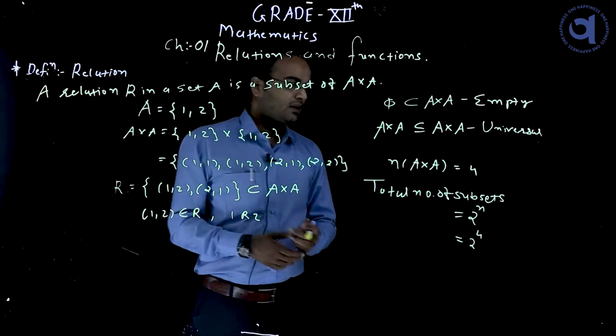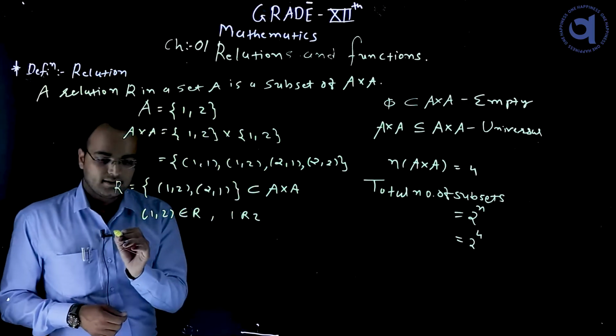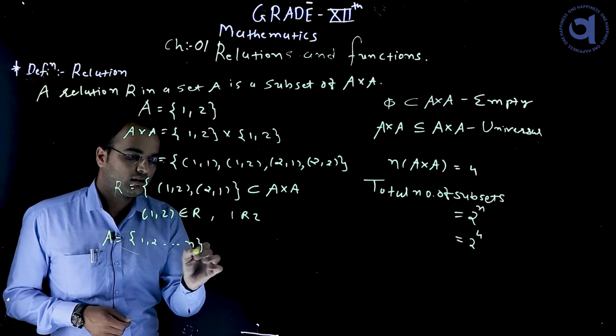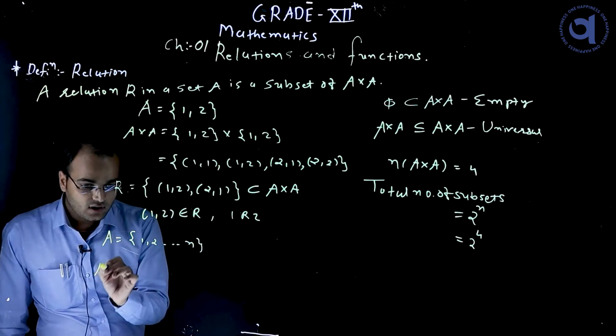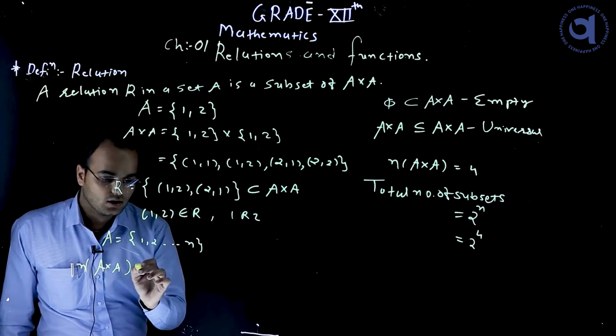Now generalize this example. For example, set A has n elements, 1, 2 up to n. How many elements does A cross A have?